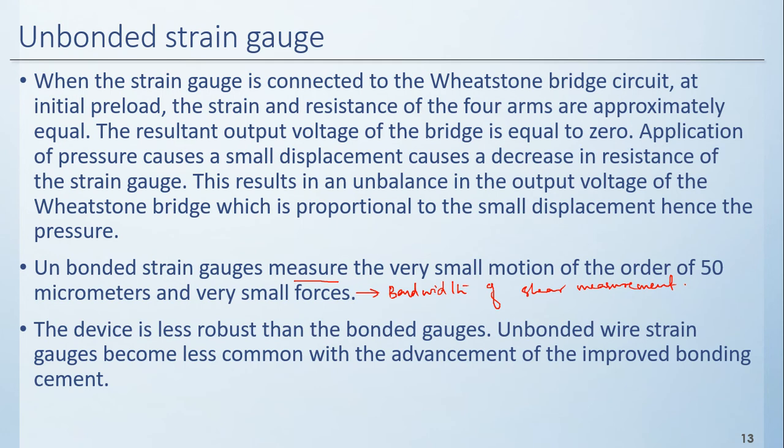So when it comes to an application where the shear stress is in very small ranges of micrometers or picometers, then these unbonded strain gauges can be used. Now they are rarely used currently because they are very complicated in design, and the bonding materials are well developed, so that bonded strain gauges are enough to measure lower scales of strain.